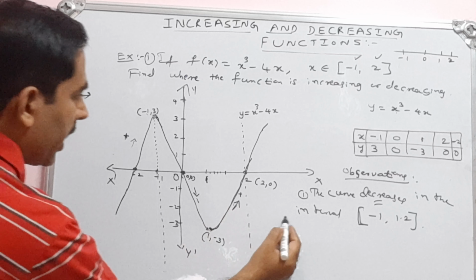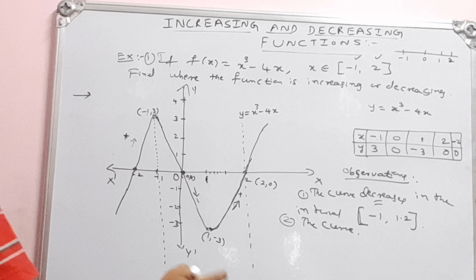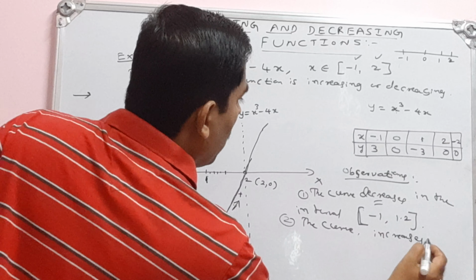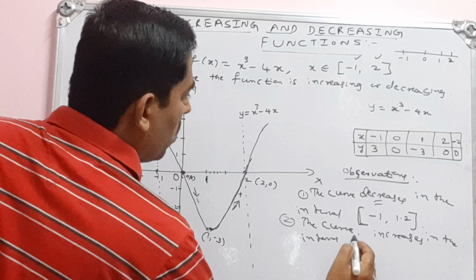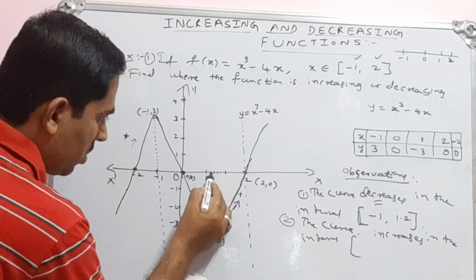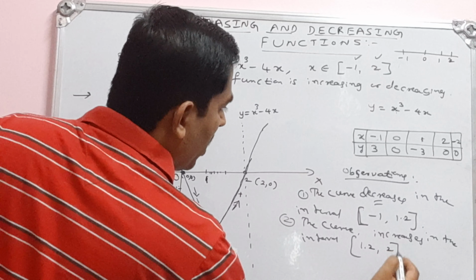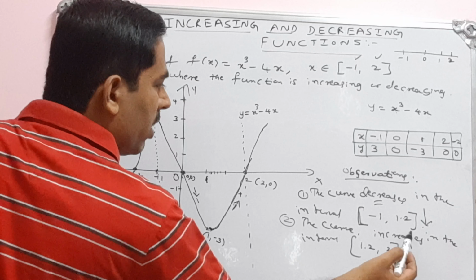Then the second observation is, the curve increases in the interval from this point, 1.2, to approximately 2. In this interval it is decreasing, in this interval it increases.